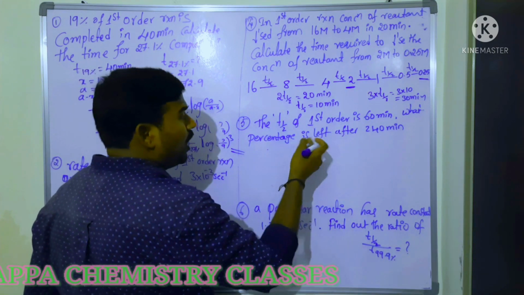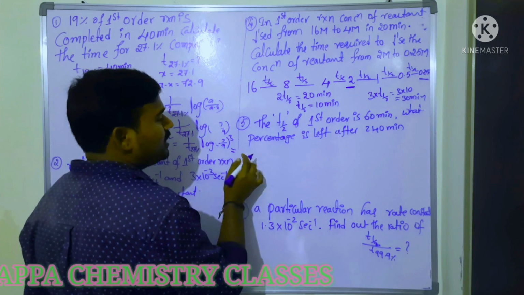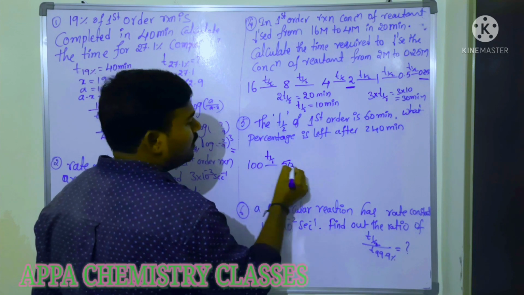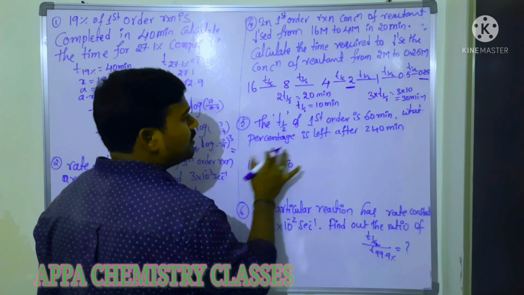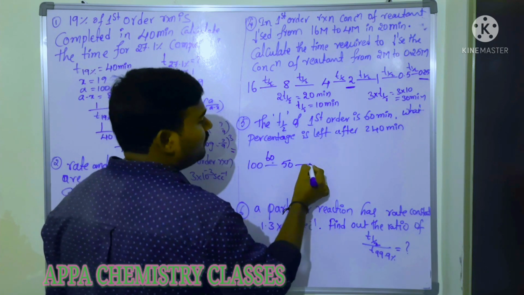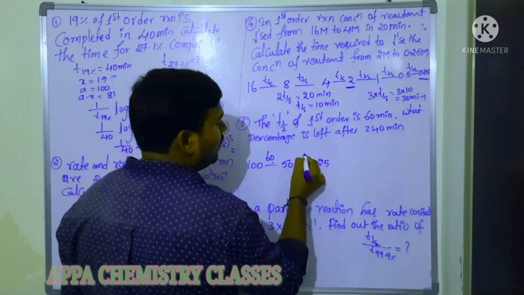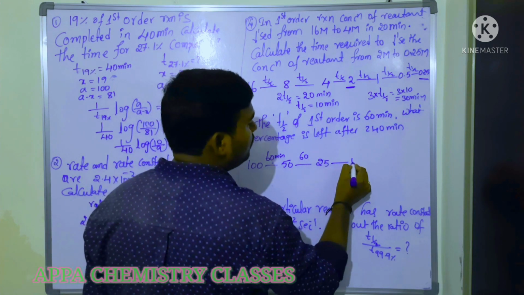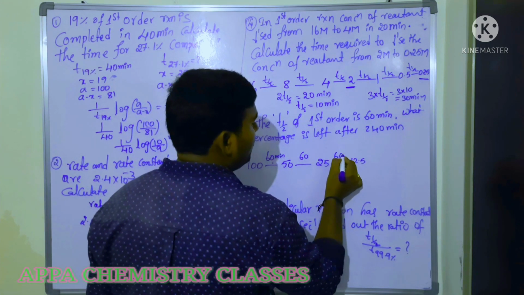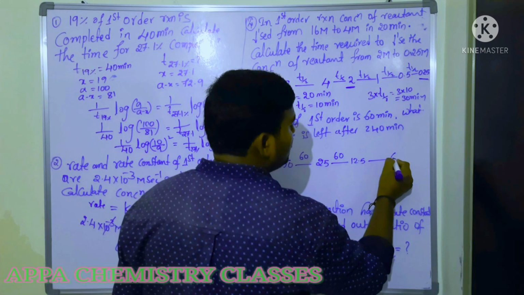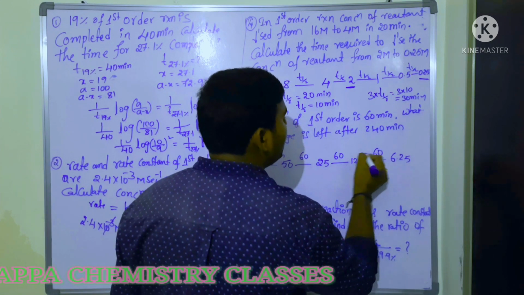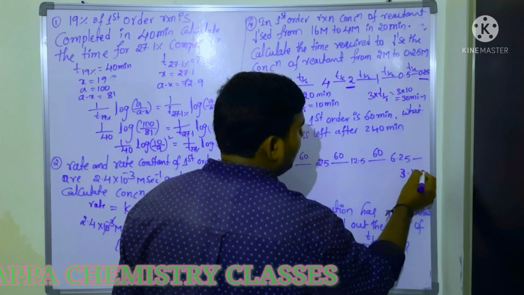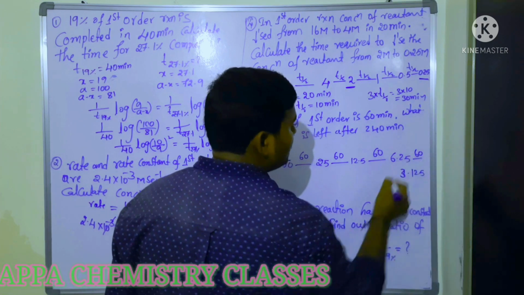Initially I am taking 100. 100 to 50 is 1 t half, which is 60 minutes. 50 to 25, one more 60 minutes. 25 to 12.5, 60 minutes. 12.5 to 6.25, one more 60 minutes. 6.25 to 3.125, one more 60 minutes, like that.